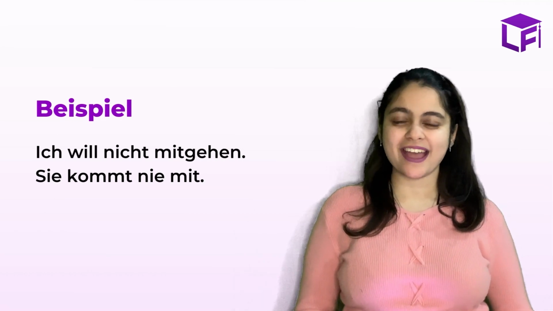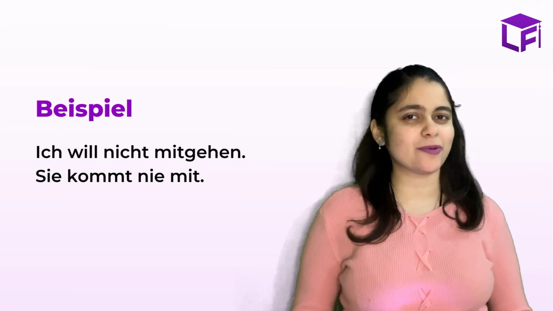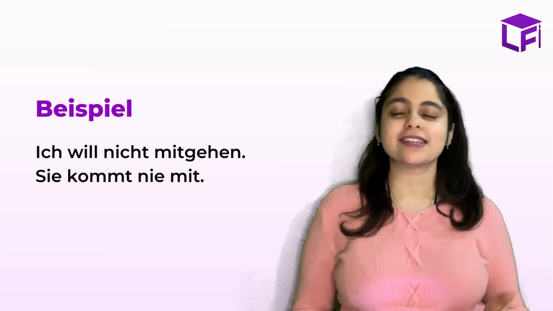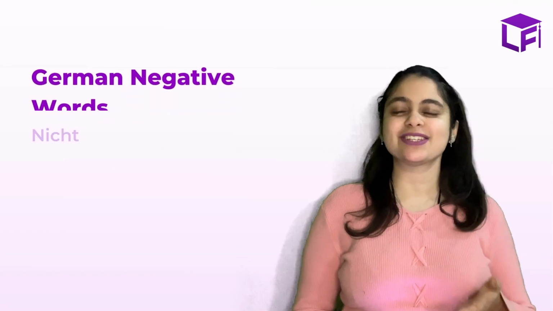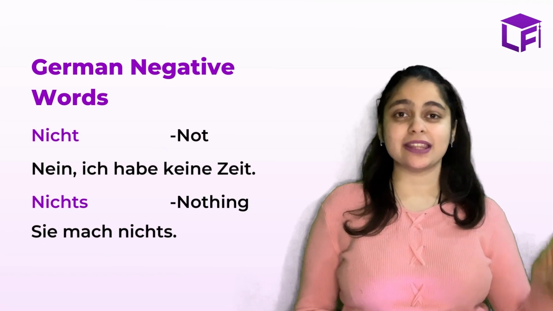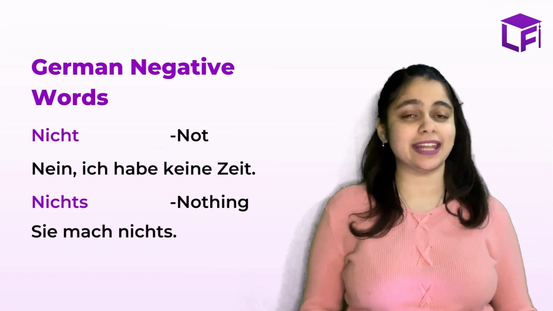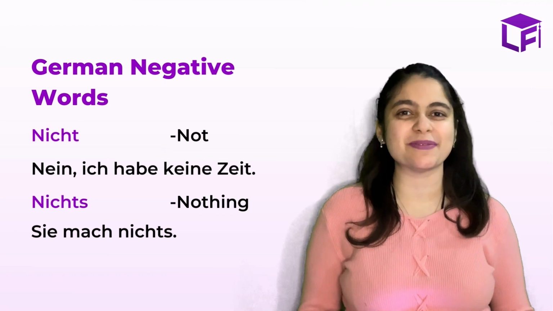I hope you've understood this pretty well, because now I am going to move ahead and discuss some common negatives that we use in German grammar. So here you go with a short list of German negatives. The first one is Nein. Nein is not the number 9.